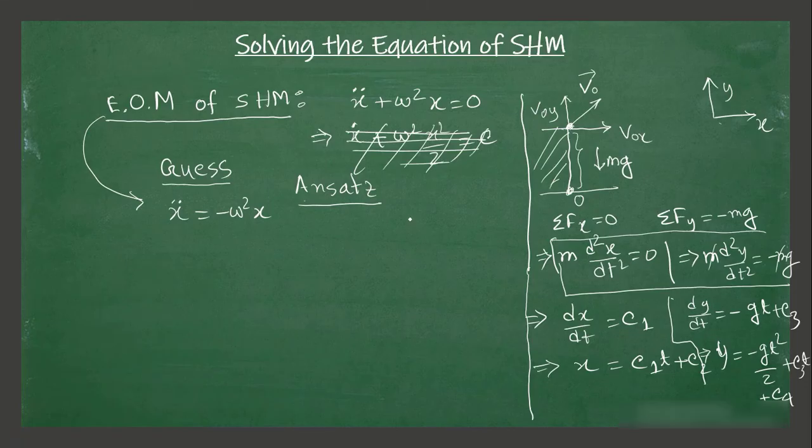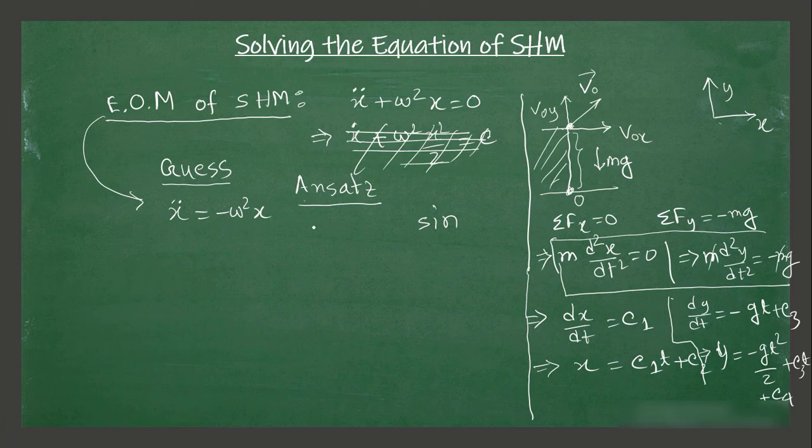What happens in the case of the sine function? If you differentiate sine once, you get cosine, and if you differentiate cosine again, you get minus sine. So you see, we get the same function with a minus. Now, if sine satisfies this equation, cosine should too, right?